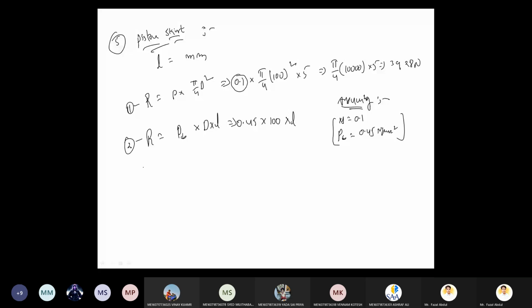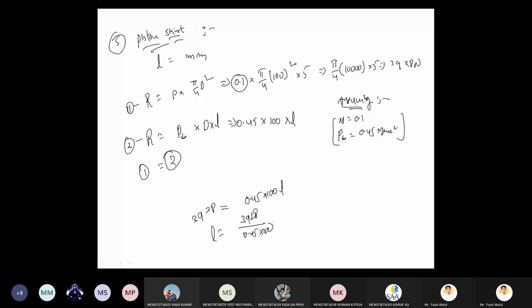So equate these two equations. 3928 equals 0.45 into 100 into L. Now what is the L here? Length of the piston skirt. So length of the piston skirt is 3928 divided by 0.45 into 100.